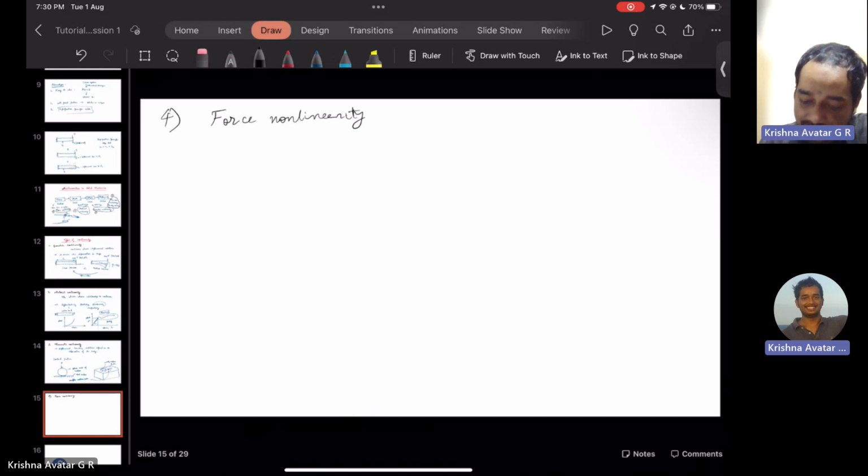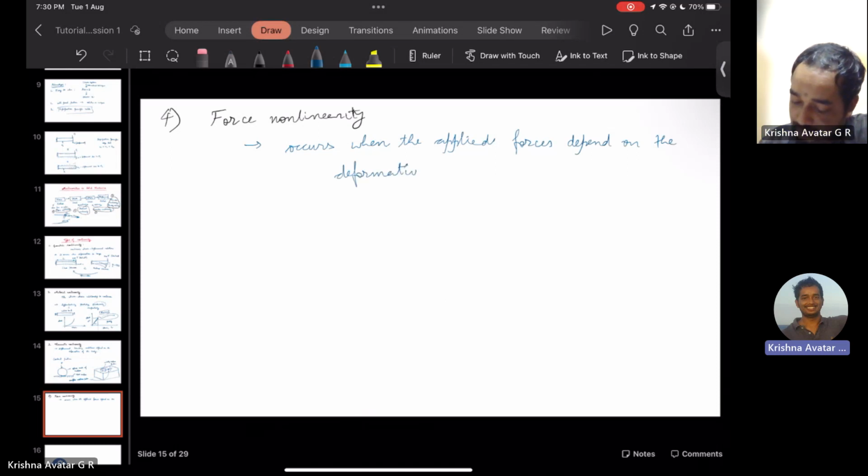As you may recall, it occurs when the applied forces depend on the deformation of the block of the material, or the structure.